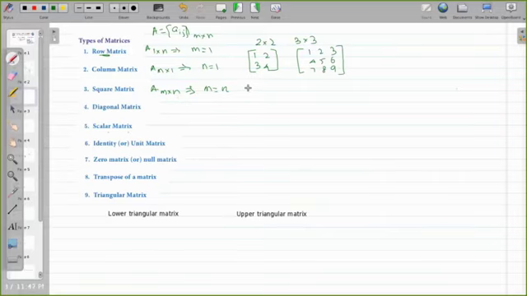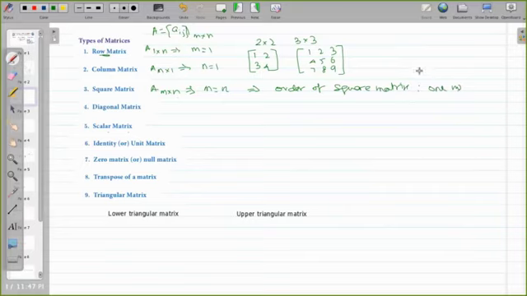So when we talk about the square matrix, children, the order of a square matrix we have to say in only one number.